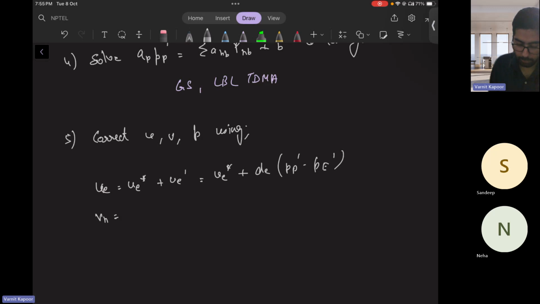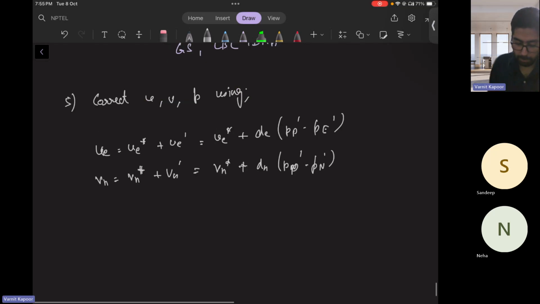Similarly, for V n equal to V n star plus V n dash is equal to V n star plus D n into P P dash minus P N dash. And P is equal to P star plus P dash. These are the corrected velocity and pressures.